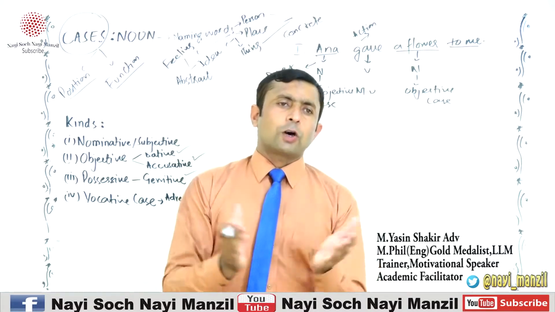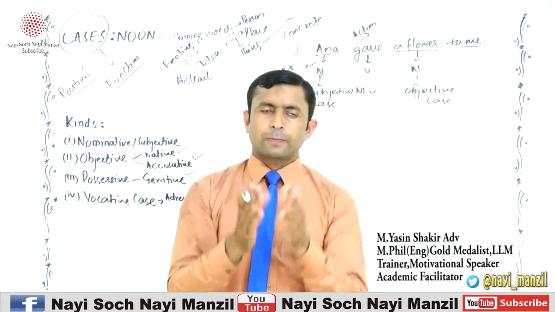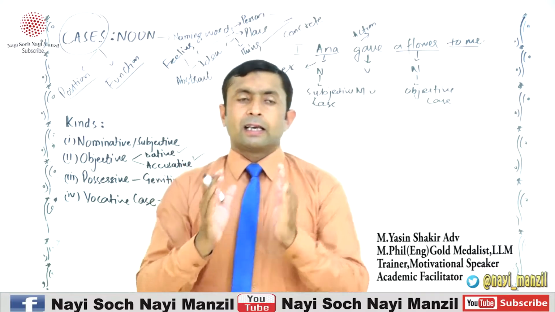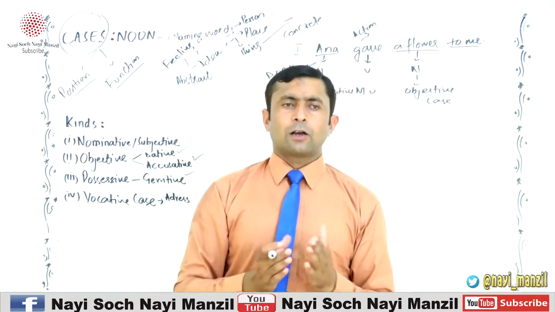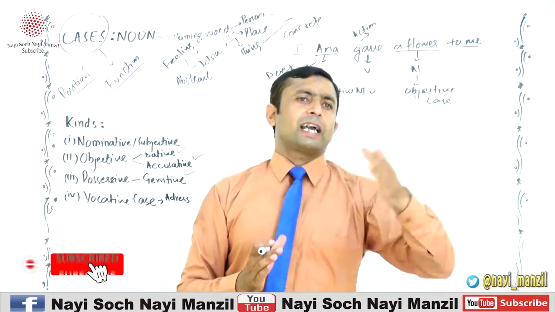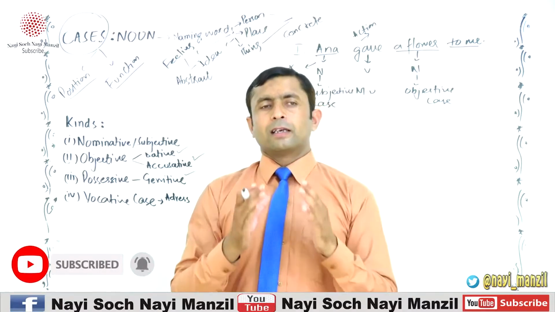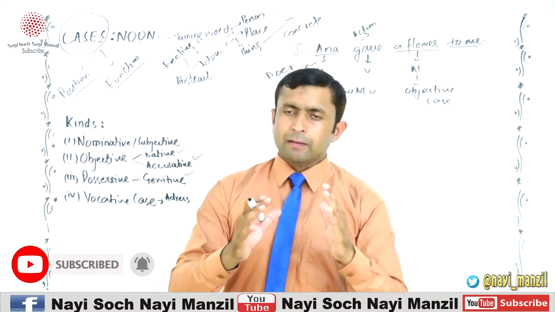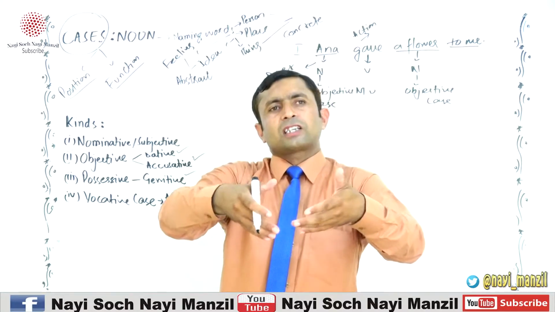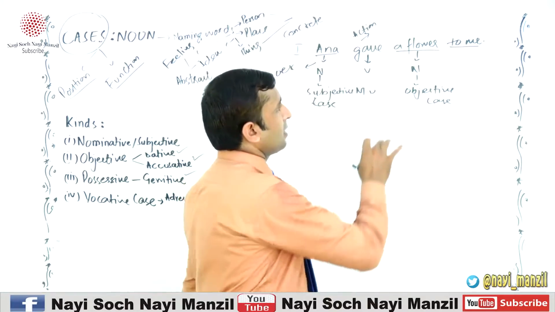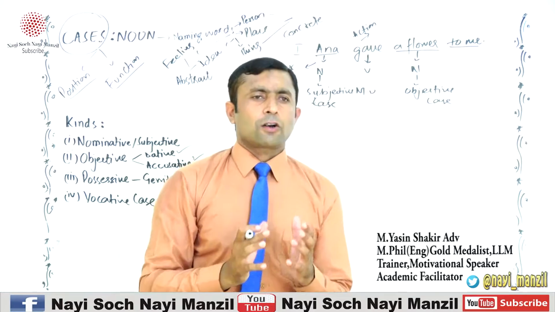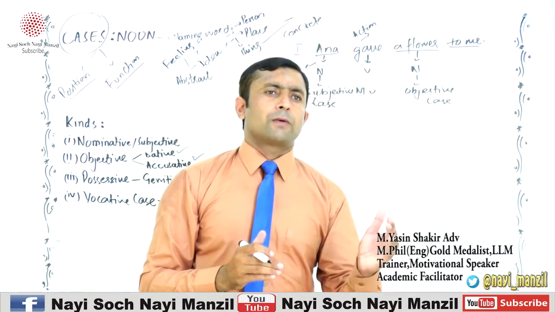To understand the concept of direct object, you are supposed to keep in mind this: the direct object is that object that receives the action directly. At first hand, the receiver of the action is the direct object. Now understand the concept. Anna gave flower.